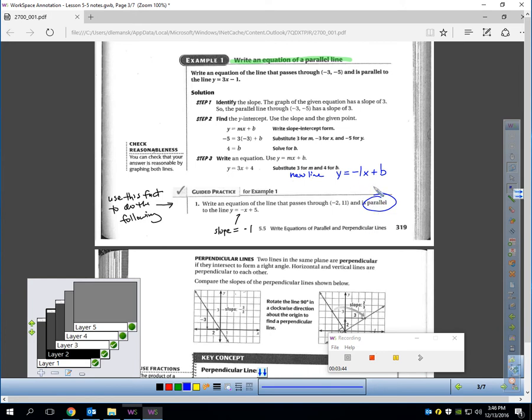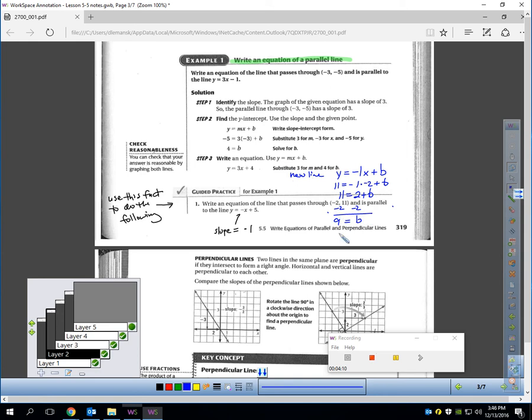Now the next thing, I want this new line to pass through the point negative 2, 11. So remember, negative 2 is an x value and 11 is a y value. Take negative 2 and plug it in for x. Take 11 and plug it in for y. And you'll see I did that here. And then simplify. Negative 1 times negative 2 is 2. 2 plus b would equal 11.